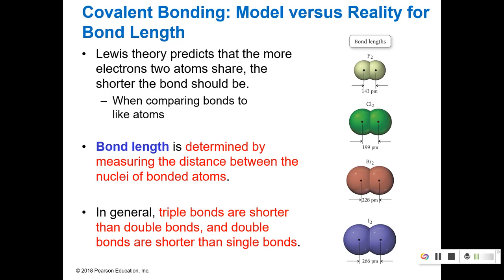Also for bond length, triple bonds are going to be the shortest. So it's going to be triple is shorter than double is shorter than single. And you just determine the bond length by half the distance between 2 nuclei that are bonded together. I won't ask you the definition, but you will need to know which one is strongest, which one is shortest.